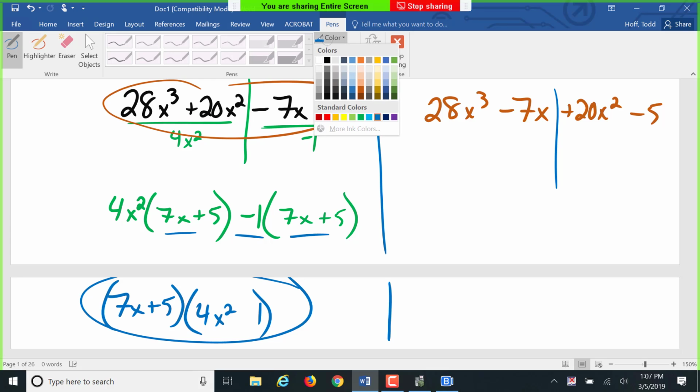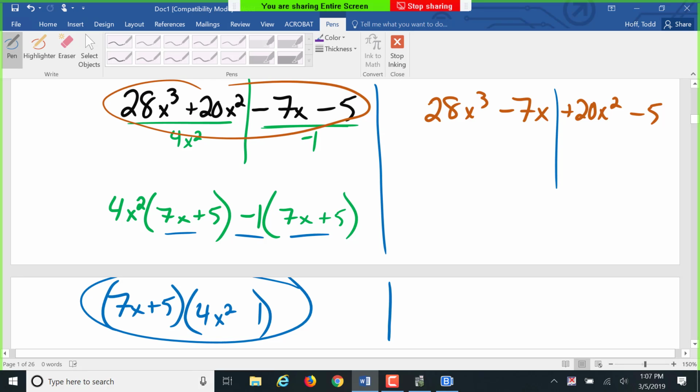For my 28x to the third minus 7x, what can I take out of there as a greatest common factor? 7x, good. And when I divide by 7x, what's left? 4x squared minus 1, good. Over here, what can I take out of the 20x squared minus 5? Both of them divide by 5.